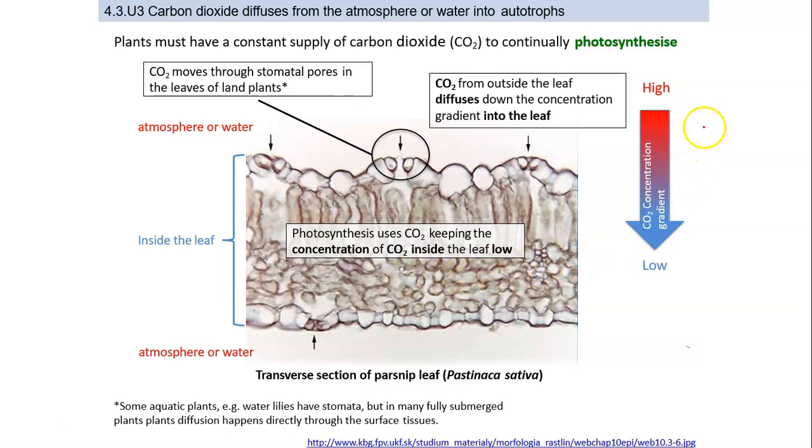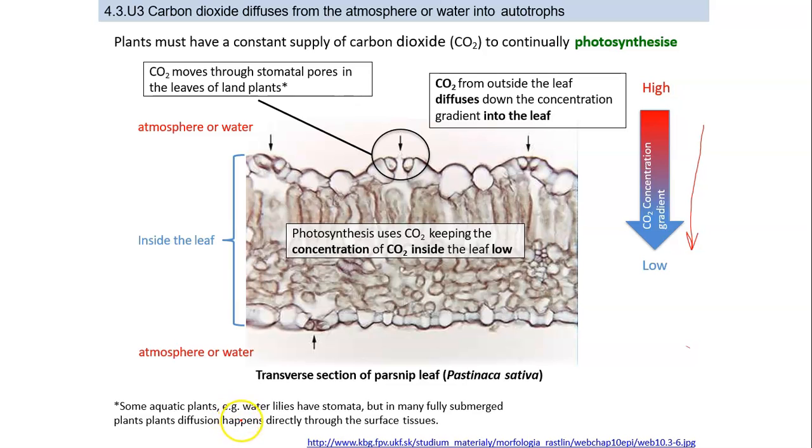So that's why you will see this arrow showing the carbon dioxide concentration from higher outside to lower inside. That makes it possible for carbon dioxide to always diffuse from outside the leaf into the inside. And here is the transverse section of parsnip.